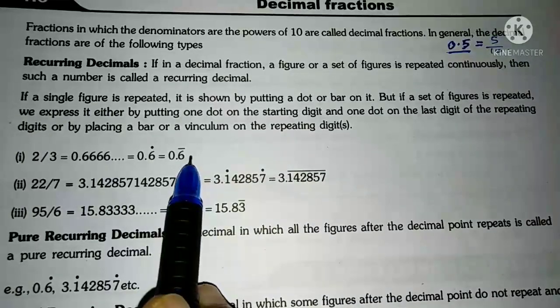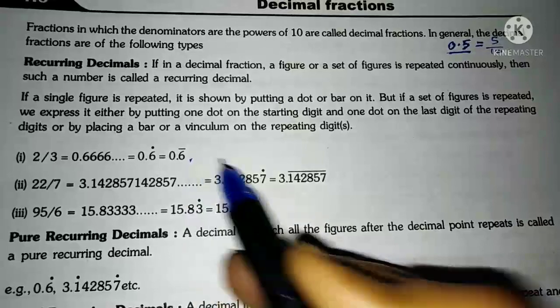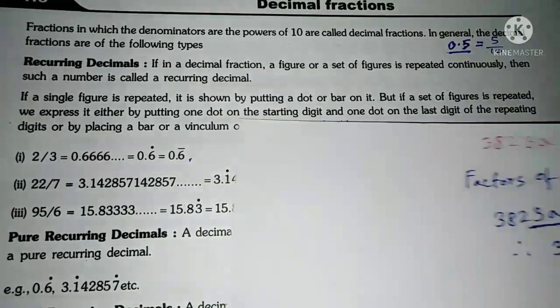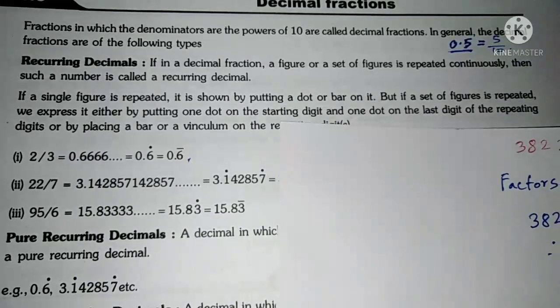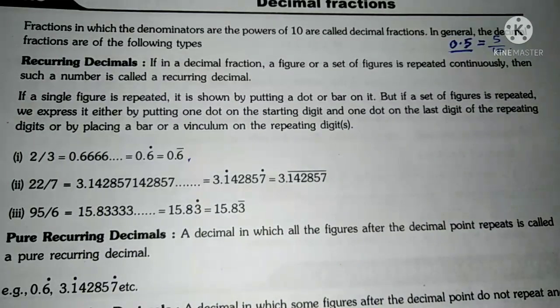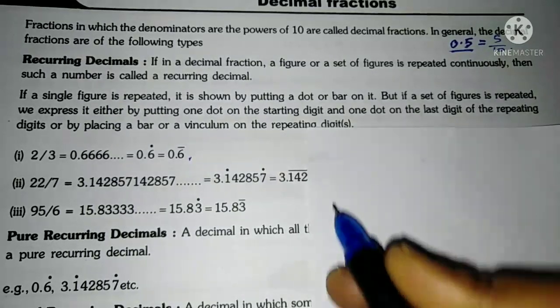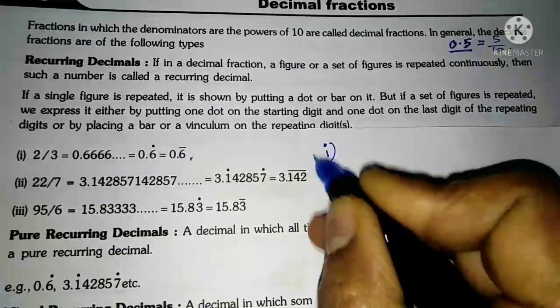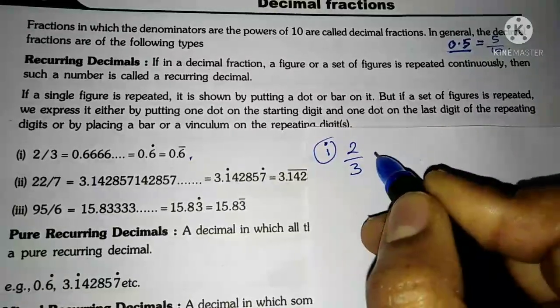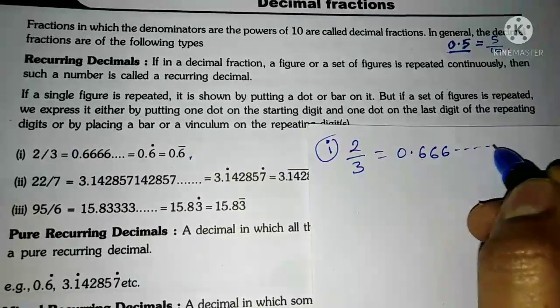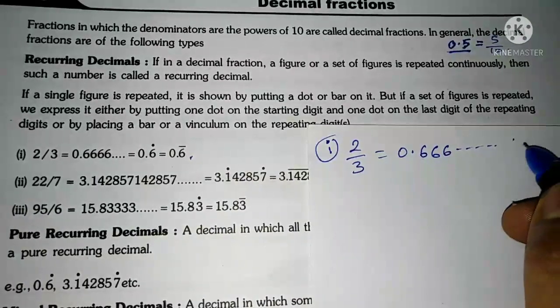See here, two types of decimals you can see. First one, observe. In the first one you can see the first number is given, 2 by 3, that is equal to 0.666 will continue up to infinity. It will have no end.